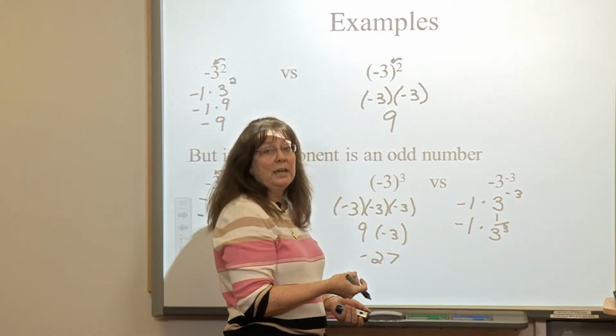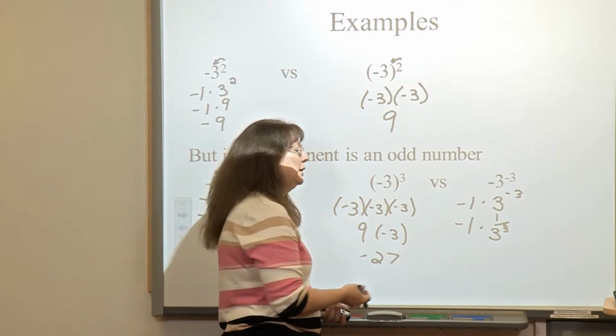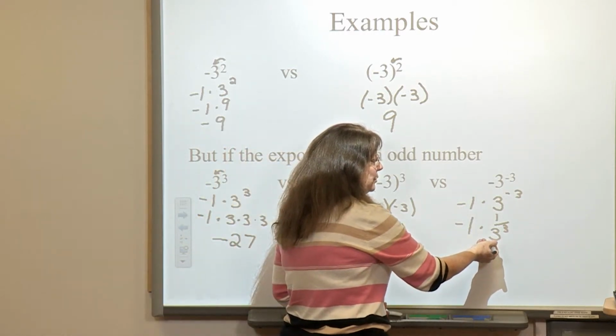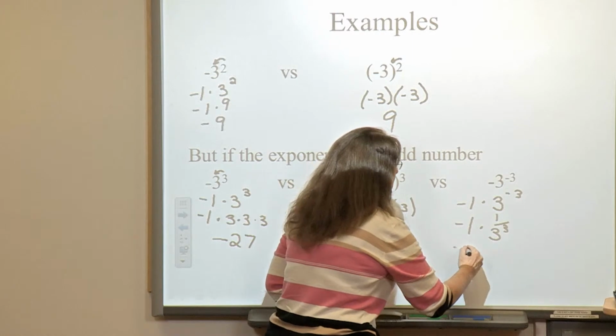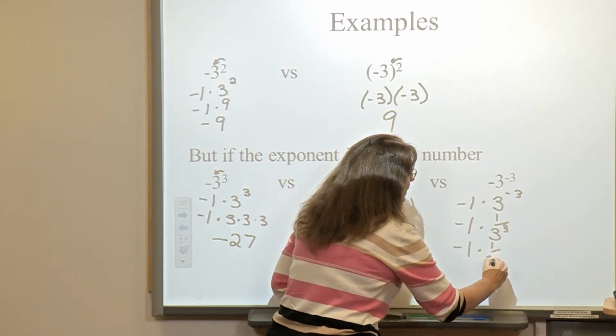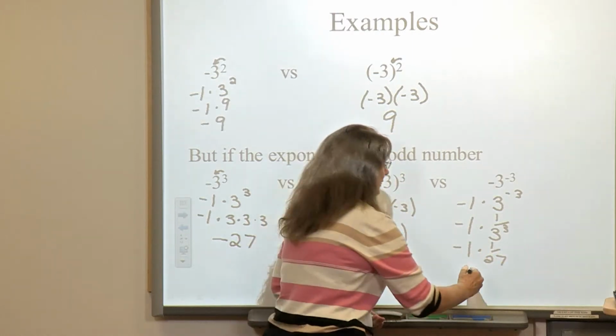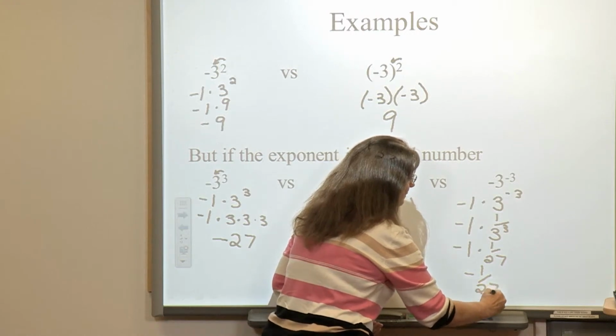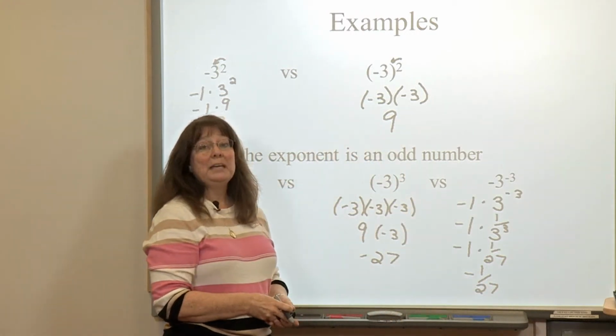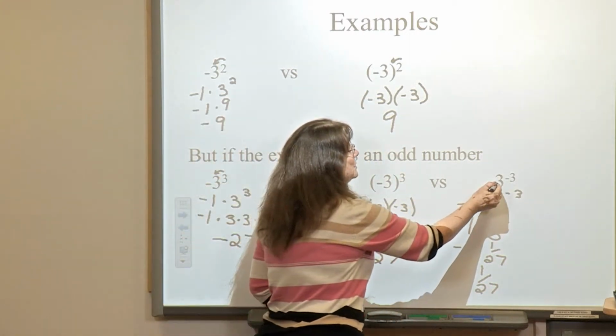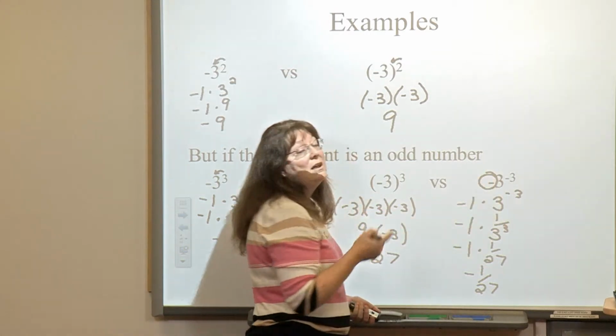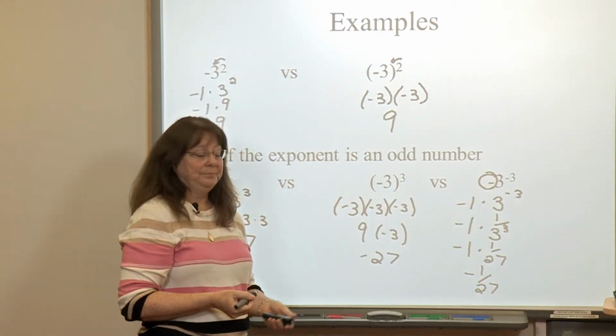That's where the negative exponent comes in. 1 over 3 to the third power will be 1 over 27, and I still have to multiply it by the negative 1. So negative 1 over 27. This one does end up being negative, but the reason it's negative is because of the negative out front, not the negative that's with the exponent.